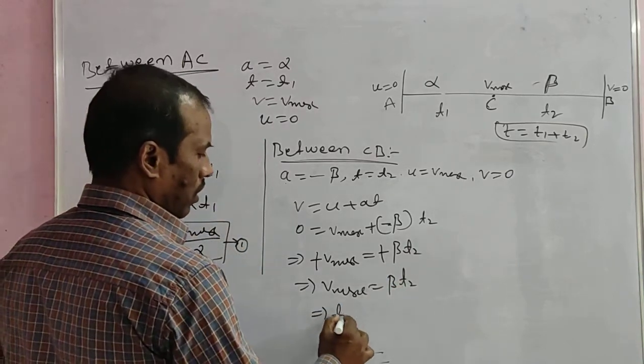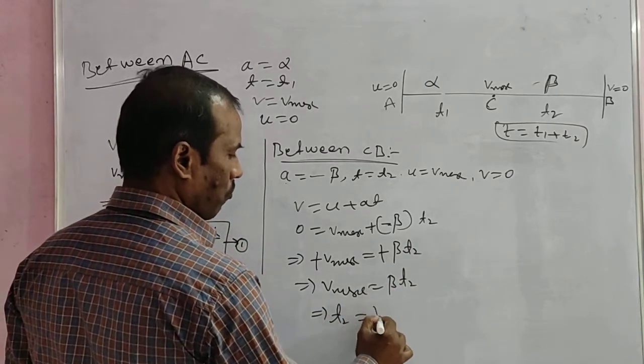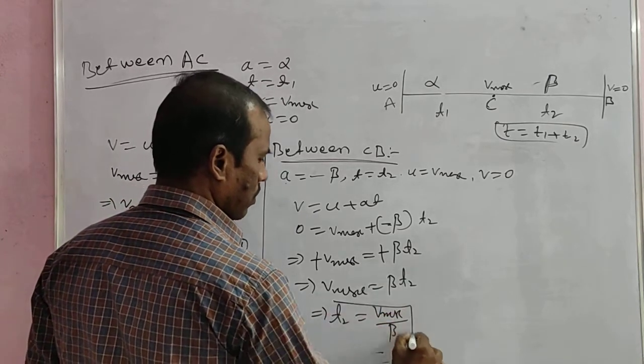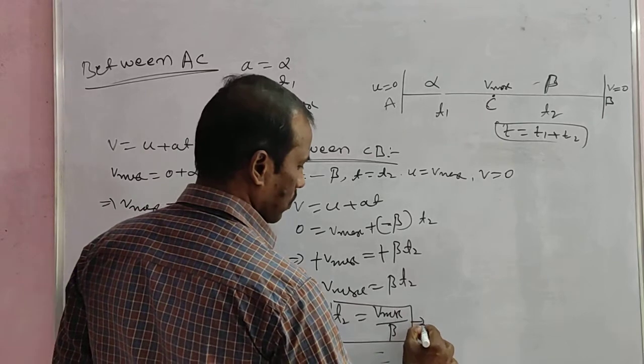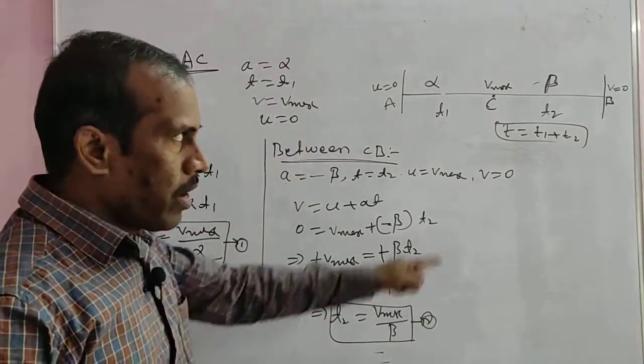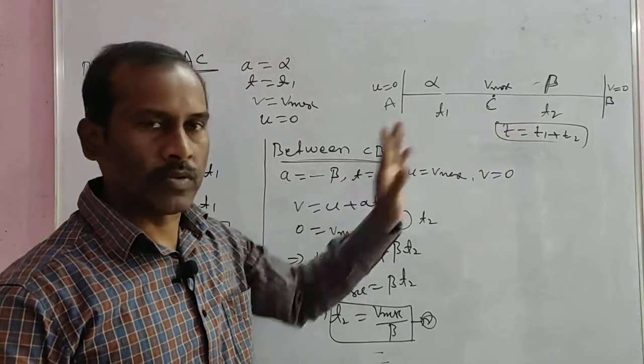So T2 is equal to V maximum by beta. This is equation 2, the time taken by the bus to reach the final position, point B.